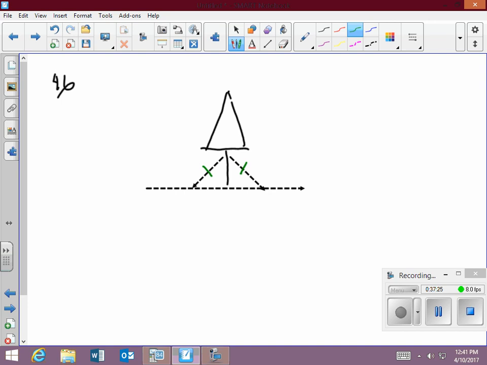It says those two ropes are the same length. How would you guarantee that tree is growing perpendicular to the ground?